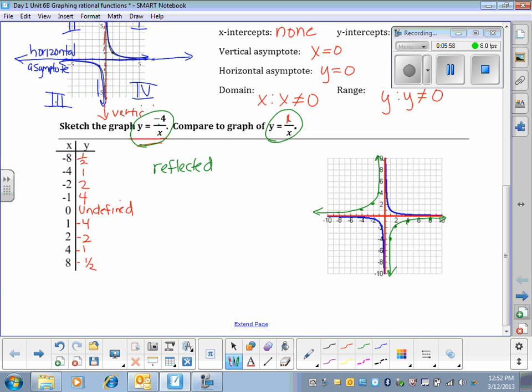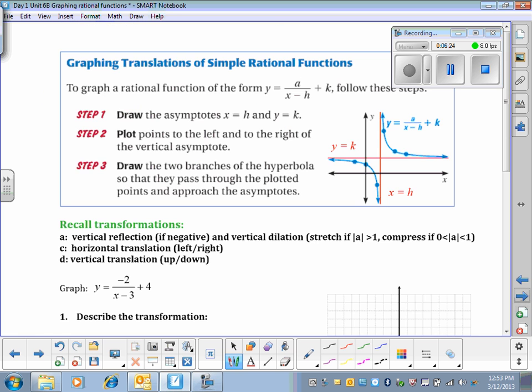It'll either dilate it or compress it. Just the idea that the negative will make that reflect into which quadrants? Quadrants 2 and 4. Okay. Questions so far? Okay, good.